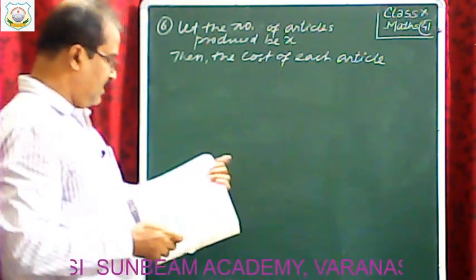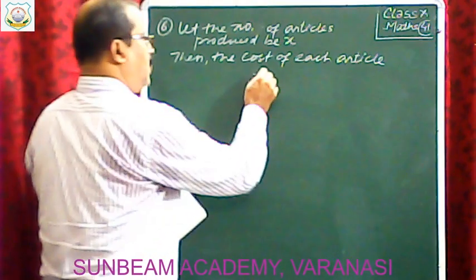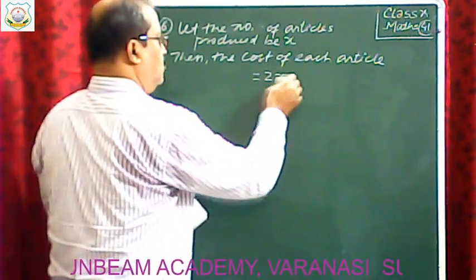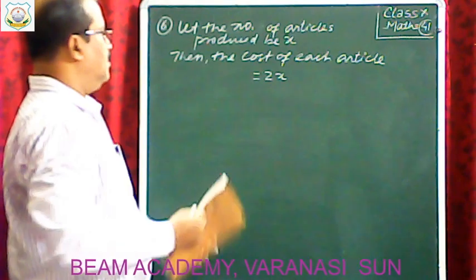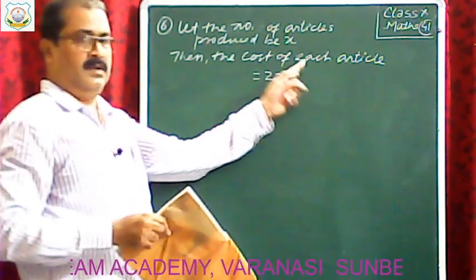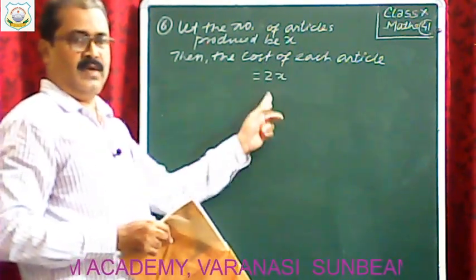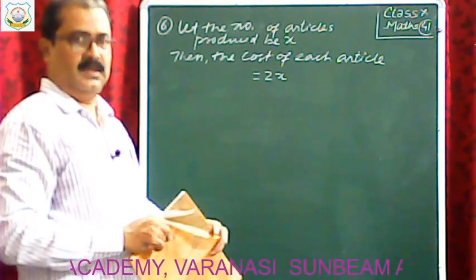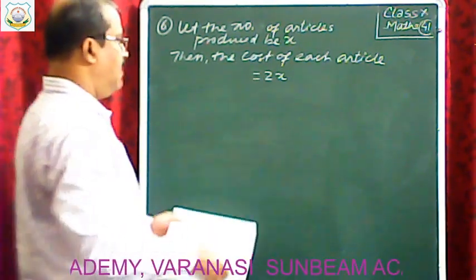Twice the number of articles is 2x. So the cost of article was more than that of twice the number of articles. Clear? So what you have to do, you have to add 3.